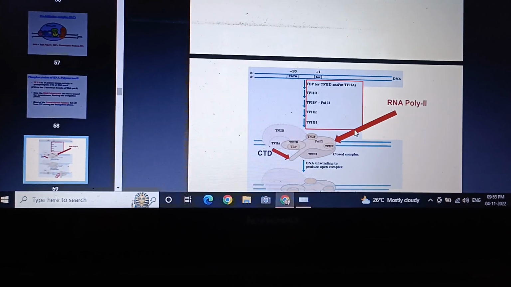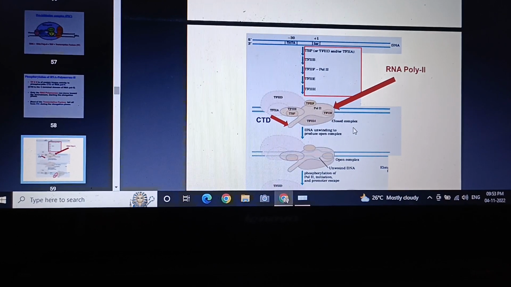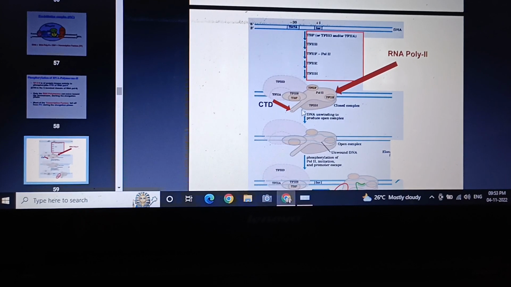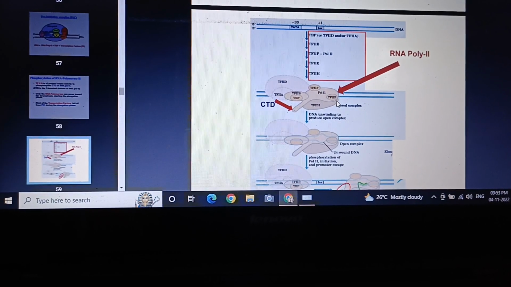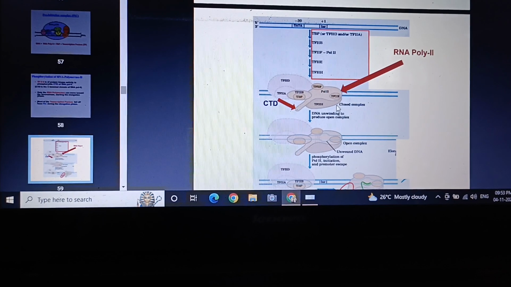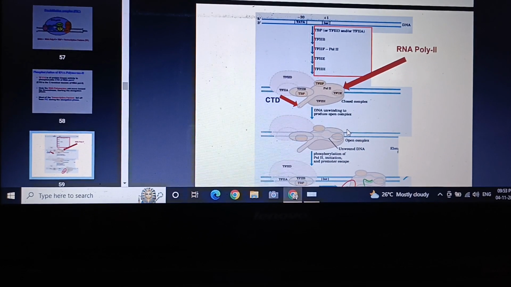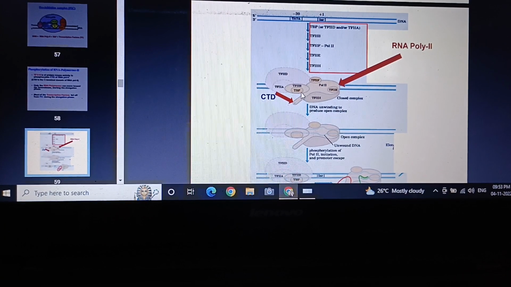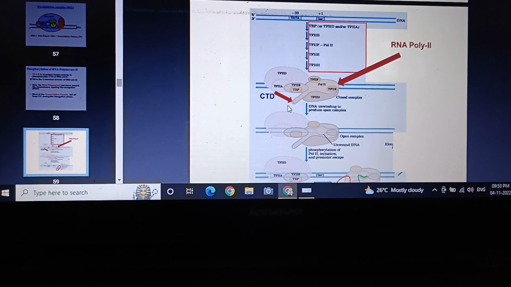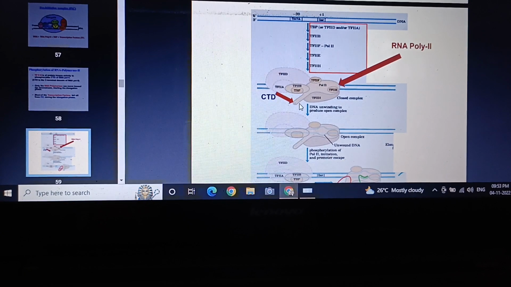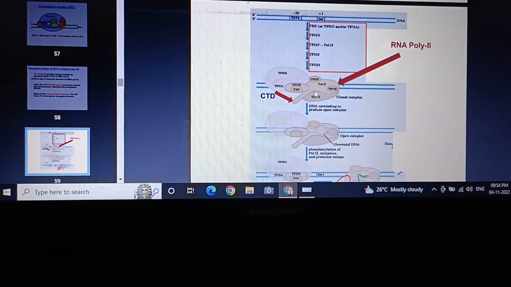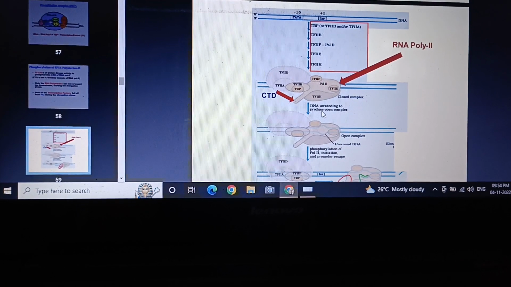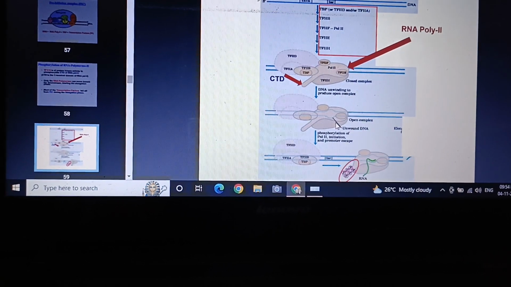Okay, see, this is the CTD end of your RNA polymerase 2. At that end only, the transcription factor will phosphorylate the RNA polymerase 2. After that, what will happen?